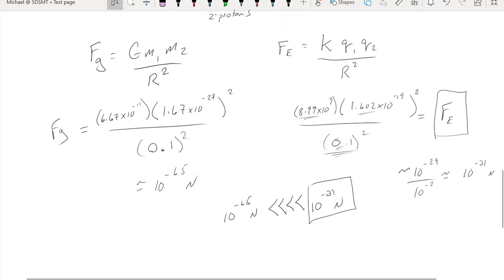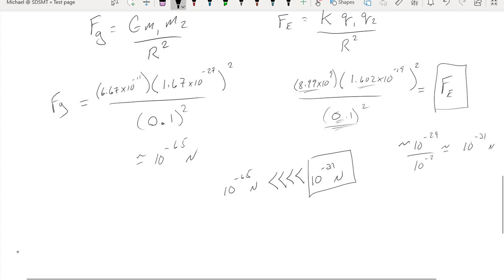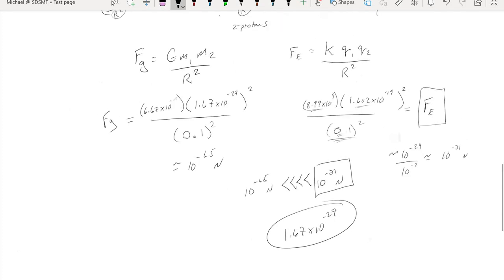Now I realize that they are both considerably small, so small that we would never register them ourselves, but we need to consider the types of particles that these forces are acting on. We're talking about particles that have masses that are 10 to the negative 27. And so these forces would actually be quite considerable compared to the mass of the particles.